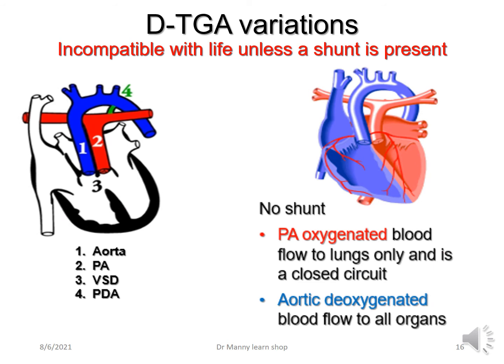Now there are a number of DTG or Dextro-Transposition of great artery variations. However, unless there is a shunt present within the heart, it's incompatible with life. So if there's no shunt, note, the pulmonary artery is carrying oxygenated blood and the blood flow circuit is closed, which means the pulmonary arteries are carrying blood to the lungs, away from the lungs, back to the lungs, away from the lungs, a closed circuit.